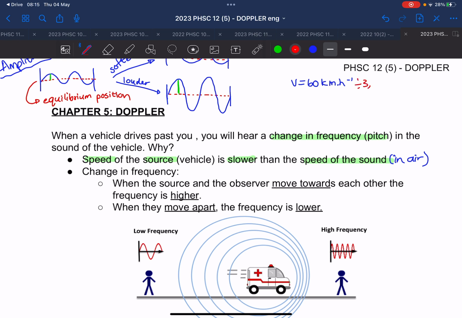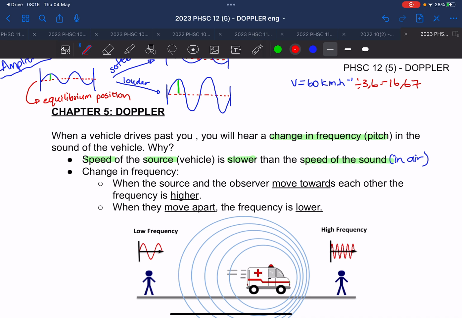Divide by 3.6, and that gives you 16. So that is the speed that the car travels: 16 meters per second. That's quite fast.